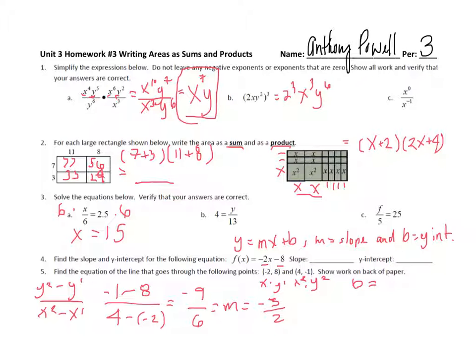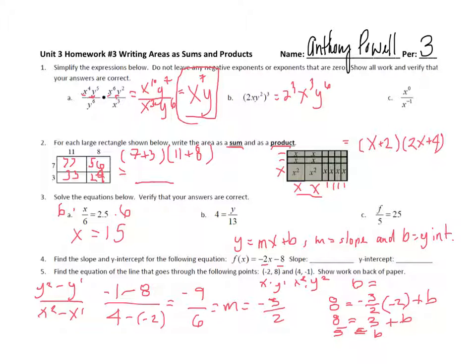For instance, I could say 8, because that's y1, equals negative 3 divided by 2 times negative 2 plus b. So that means 8 equals 3 plus b. If I subtract 3 from each side, I get 5 equals b.